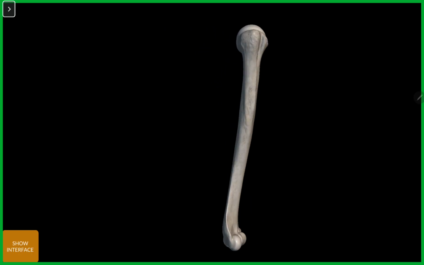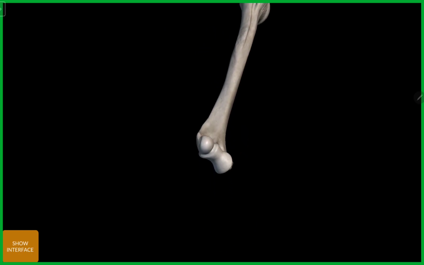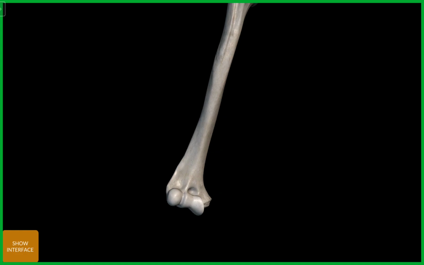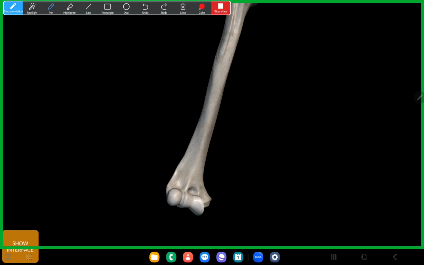Now let's see what the features are in the lower end of the shaft. I told you earlier as well, the lower end of the shaft has a triangular shaped cross section. So here you can see the lateral border, anterior border and medial border.